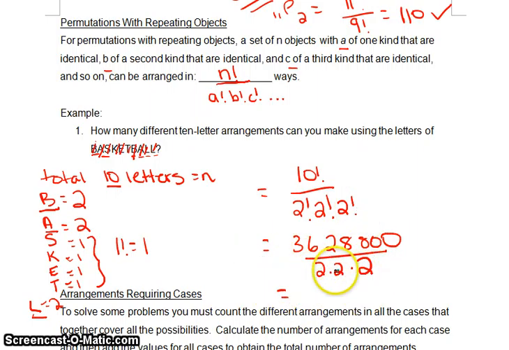You can throw all that into your calculator, or if you want, your denominator is equal to 8. So it'd be 3,628,800 divided by 8. And what we should get is 453,600 different ways that we can arrange basketball.